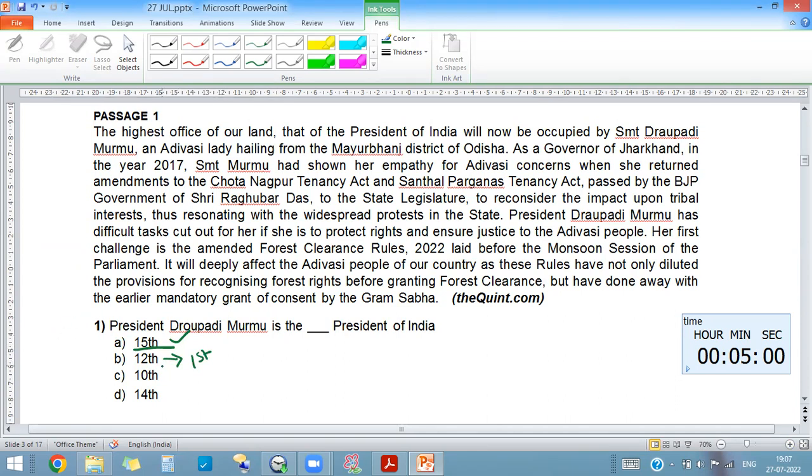So the 12th one is important because of that. The 10th president was K.R. Narayanan. He was also our 9th vice president, and he's the 10th president of India. The 14th, of course, the outgoing president is Ramnath Kovind. Okay, so now you know this, if you didn't know this earlier. The right answer is option A for the first one.